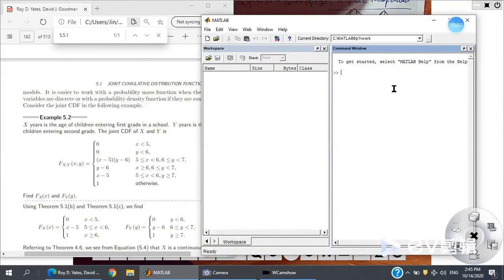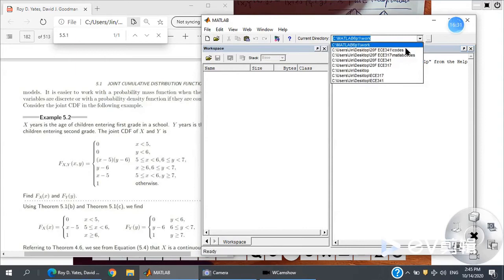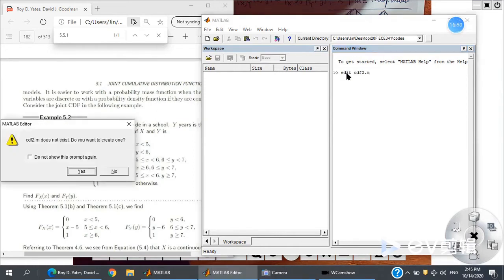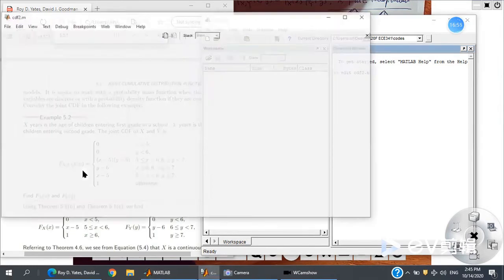I need a function. Okay, I go to the ECE341 code. Alright, let me edit the file CDF2. CDF2 does not exist. Do you want to create one? Yes, of course.